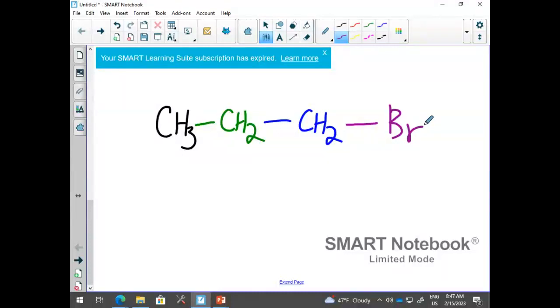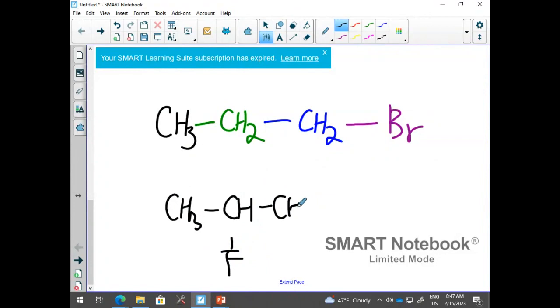So you're thinking CH3 is one signal, and those 2 CH2s are the same. The key point is that CH3 and CH2 are different. So now you try to replace one CH2 proton here with fluorine, and you'll get CH3, CHF, CH2Br. This is one compound.